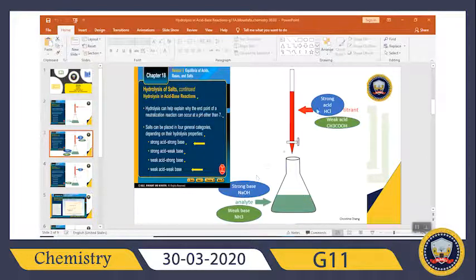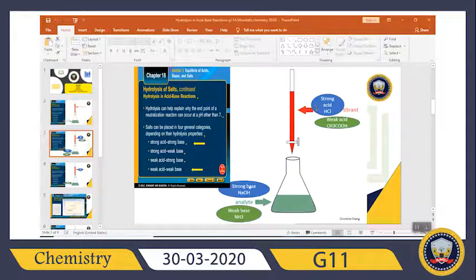Because you know the reaction between NaOH and HCl will produce salt. This is double displacement reaction, and the results will be salt plus water.